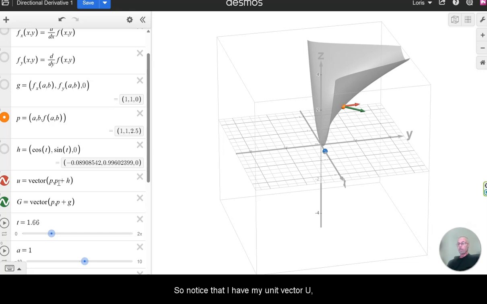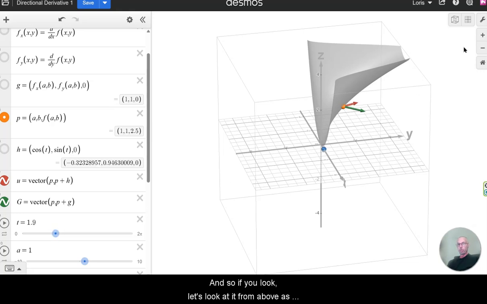So notice that I have my unit vector u, which is p comma p plus h. P is the point on the graph, and then I add p plus h to get the unit vector.